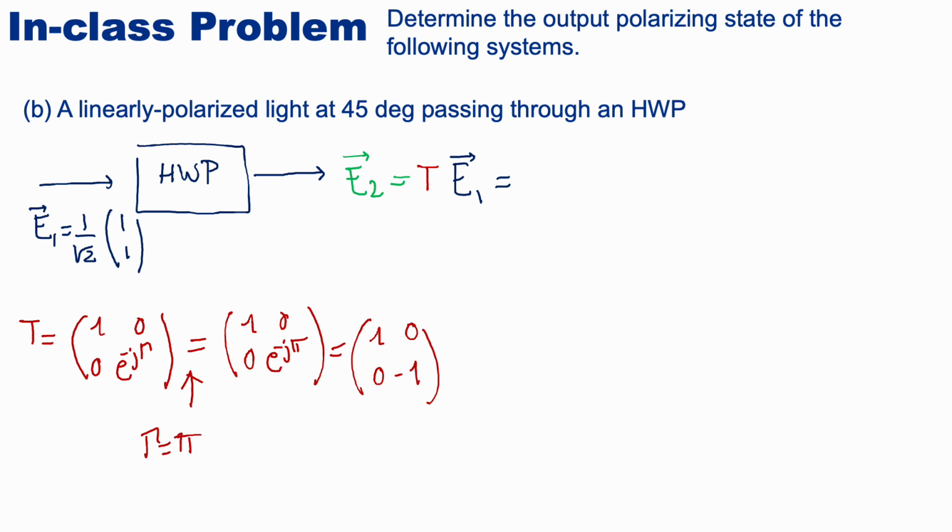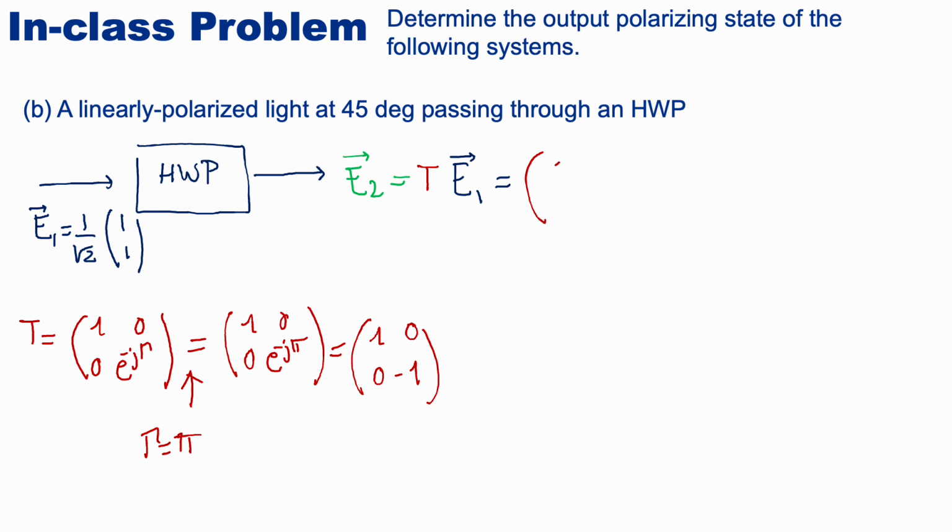So the second example is still linear polarized light at 45 degrees, but now we are replacing the quarter wave plate with a half wave plate. Again, the half wave plate is a retarder where we are delaying one of the components by pi. So when we have the exponential of minus j pi, we apply Euler and this becomes minus 1.